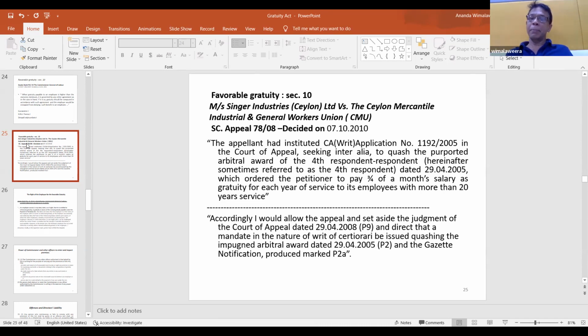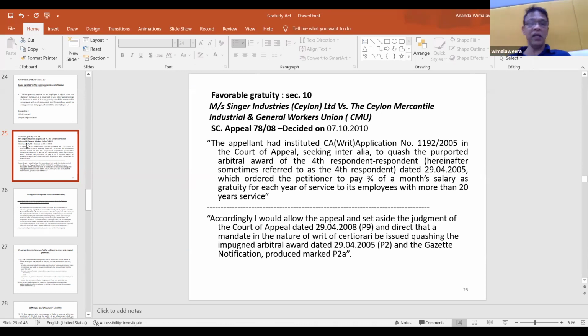And then the Labor Department referred this matter to an arbitrator. The arbitrator gave a decision that yes, the company has communicated to the union that they are ready to pay 75% of the last known salary, but they have not paid, so the company must pay.